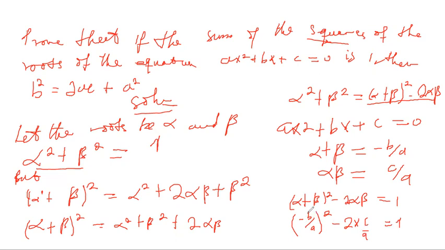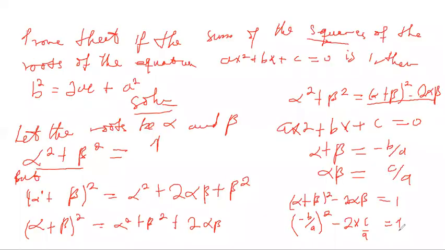So when we expand negative b over a squared, we shall have b squared over a squared, then minus 2c over a. So this would be b squared over a squared minus 2c over a, and this is equal to 1.